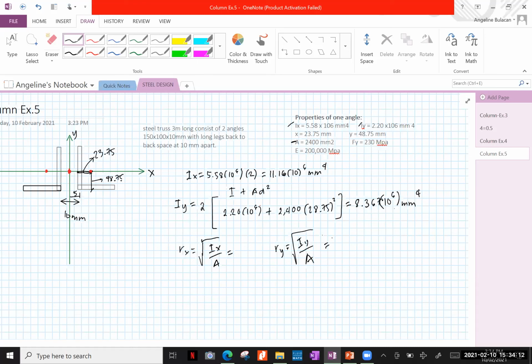Square root of Ix, over. Ang area natin is, ilan na nga yan? 2,400 times 2, kasi dalawa sila. So, times 4,800. Dalawa yun na.